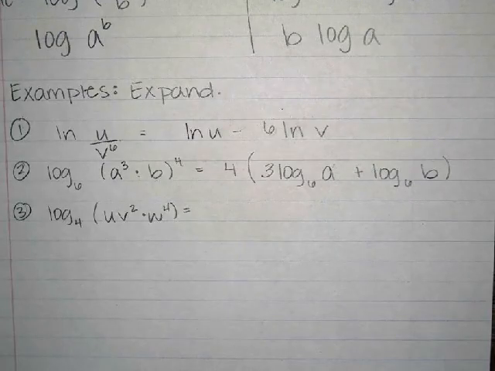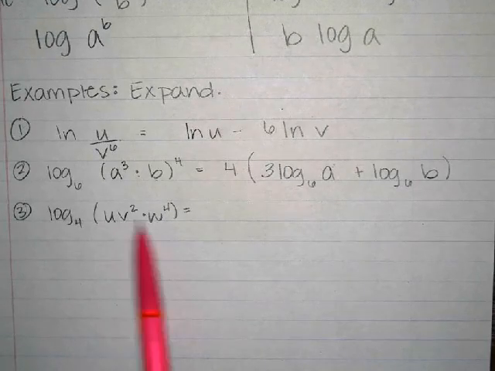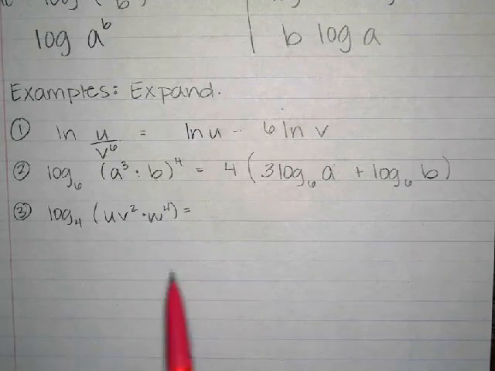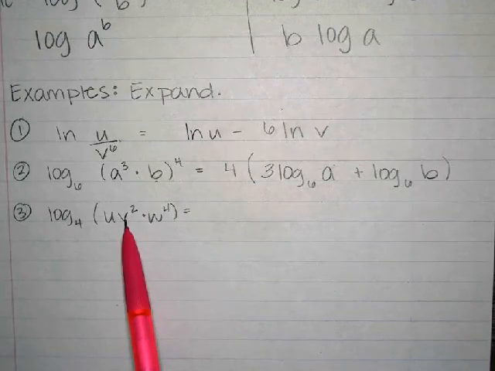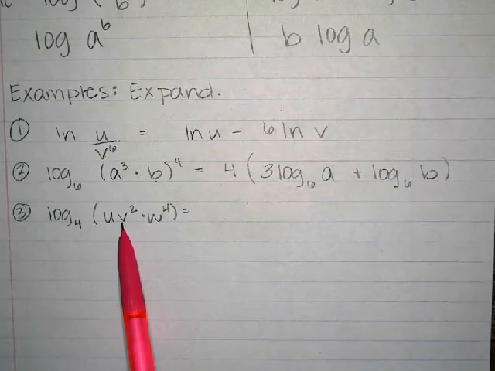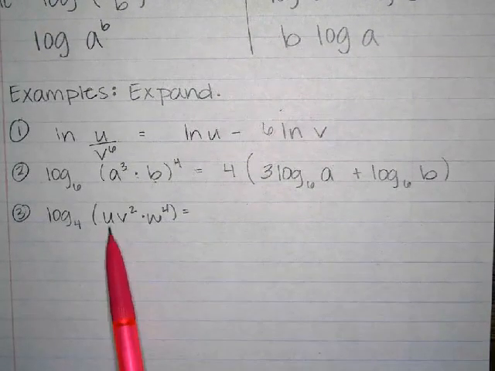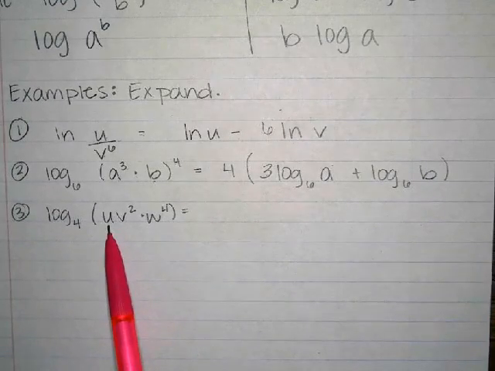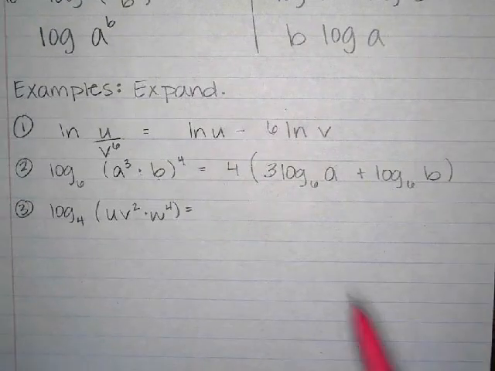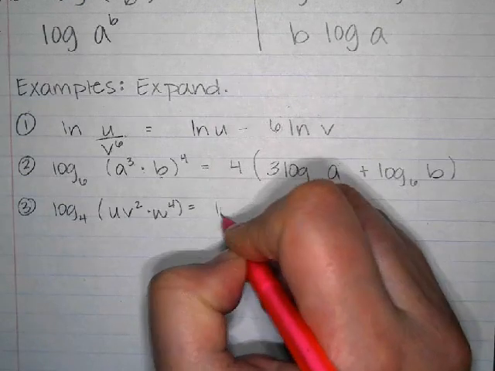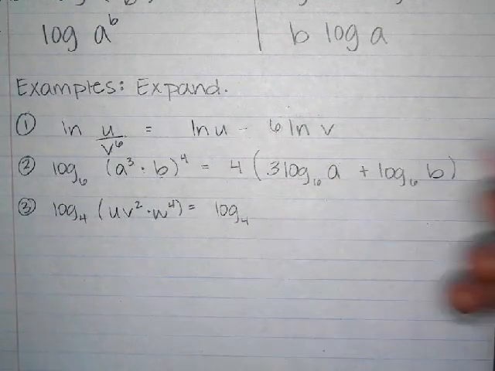Does the 2 go to the v or the u and the v? Just the v. What exponent does the u have? A 1, technically. Okay, so I'm going to write log base 4 of what? U, okay, plus 2 log base 4 of v.